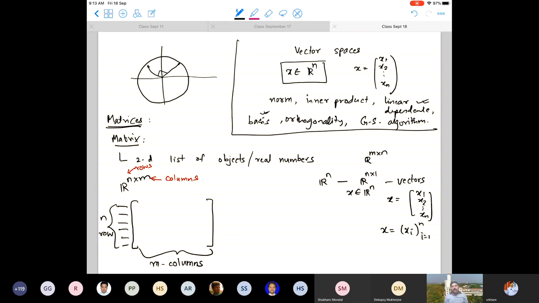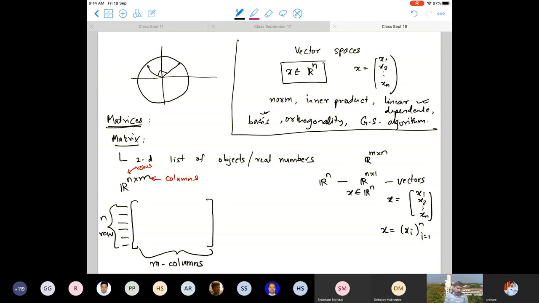The generalization of this is a three-dimensional list, four-dimensional list. These things are called tensors, and eventually we want to learn about them also. They will be R^(n1×n2×...×nr), r-dimensional lists, whatever terminology we decide to adopt later. So matrices are the next step, and the third step in this generalization is tensors. We want to learn all these things in this course.